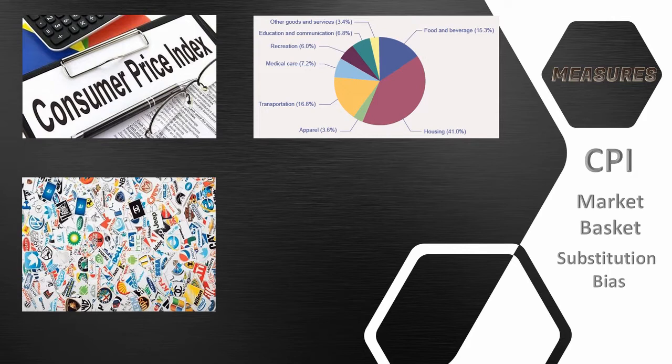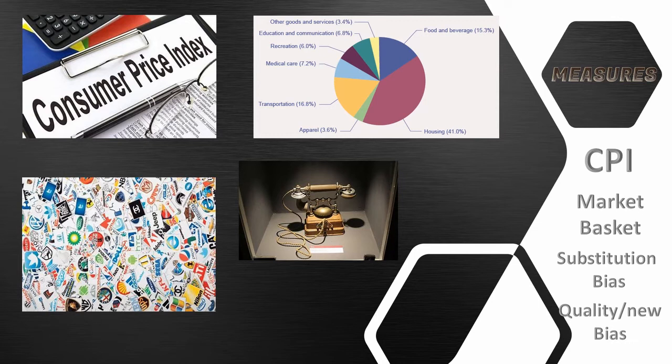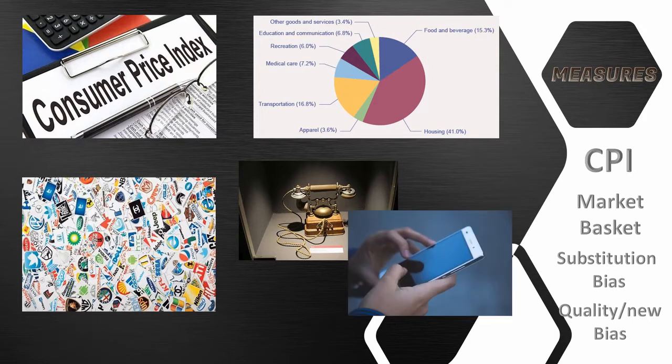Another problem with the Consumer Price Index and the market basket is the things that are in the basket can change over time. The telephones that were around in the 1970s are a whole lot different than in today's world of 2020, where our phones are more of a computer than they are phones.